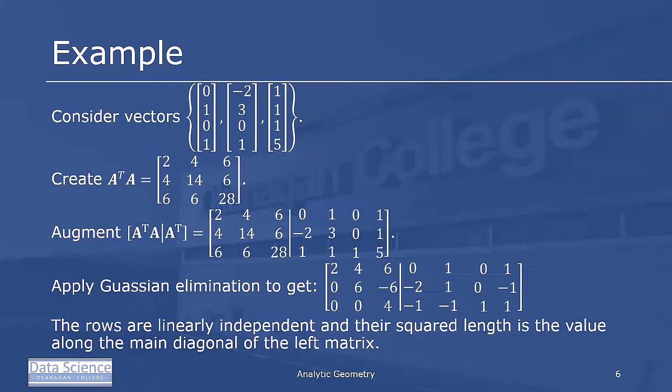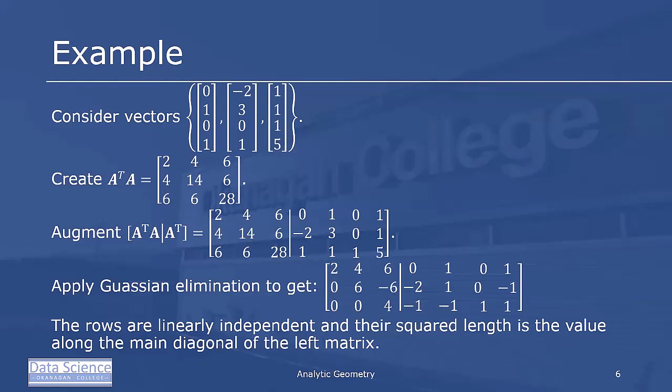Now, if we put this into an augmented matrix, augmented with A transpose, and apply Gaussian elimination, we get on the left 2, 4, 6, 0, 6, negative 6, 0, 0, 4, and on the right 0, 1, 0, 1, negative 2, 1, 0, negative 1, negative 1, negative 1, 1, 1, and the rows of the right side are linearly independent.